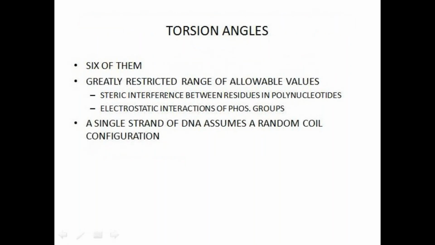Okay, and next, in the torsion angles there is a restricted range of allowable values. That means maintaining the conformation, so it does not disturb the structure of the nucleic acid, and it has to inhibit the steric interference between the nucleotides or in the backbone.